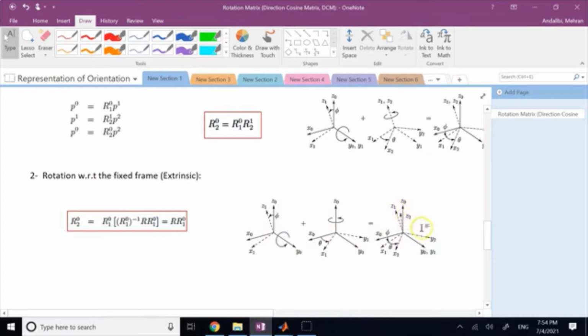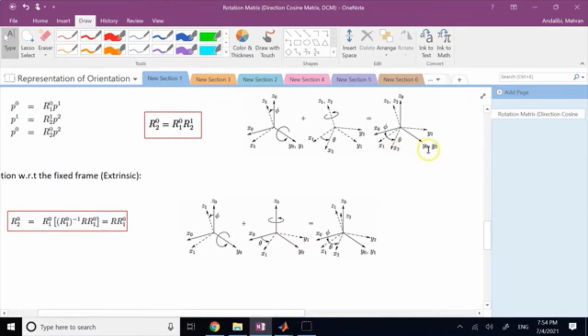So all of the three x1, y1, z1 will change to something new for x2, y2, z2. In this case, no. Since I'm rotating about z1, z1 and z2 are the same. The final z and the intermediate z are the same. It's just x2 and y2 that have changed. But here, everything does change.